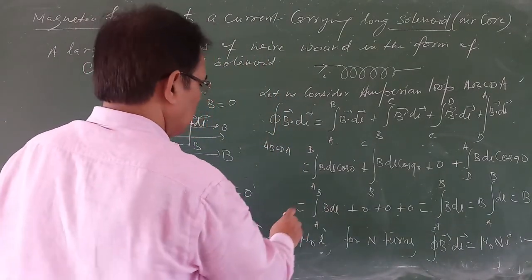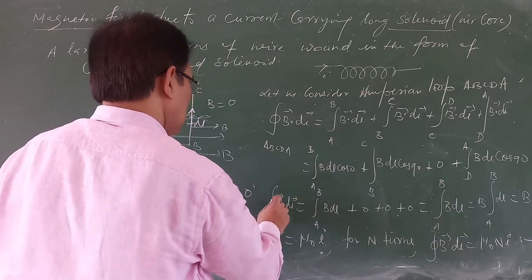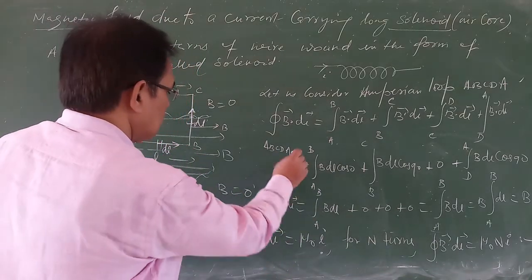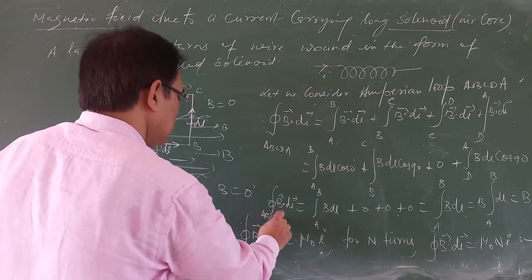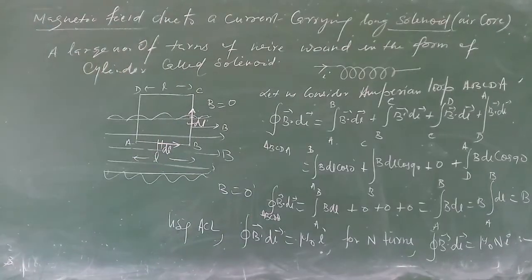This is also a line integral of B dot dl for the closed loop ABCDA. So equation 1 and equation 2 are both equal.